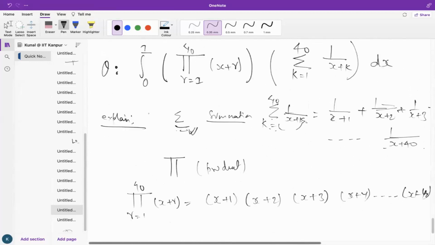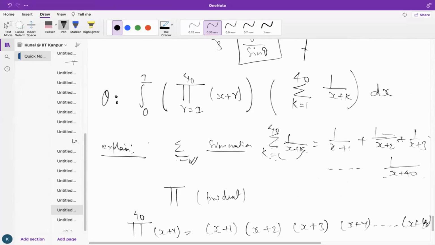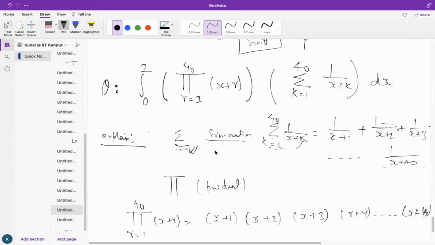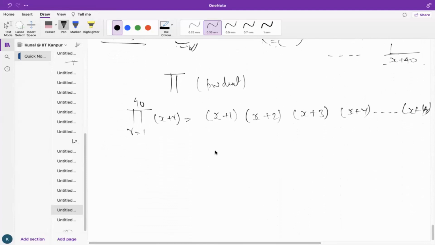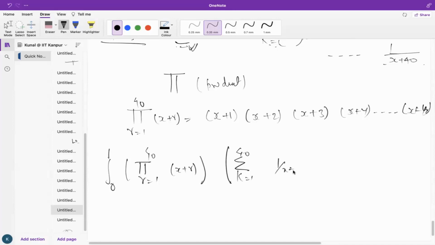So if we actually open our integral, our integrand, what do we get? Let me write here. Our integrand looks like the integral from 0 to 1 of the product for r equal to 1 to 40 of x plus r, and then the summation for k equal to 1 to 40 of 1 by x plus k, and then we have to integrate in terms of x.